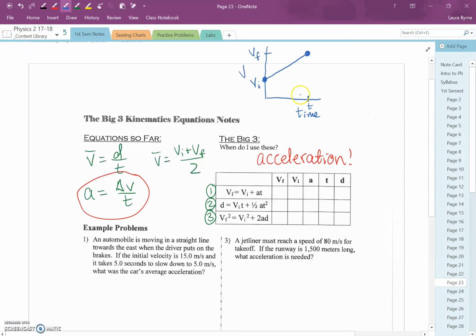So we're interested in the displacement of this object. And we can find displacement using the area under the curve. We can also think about the average velocity, but in this case, the average velocity might be a little more difficult to find, but actually you can derive it in that way too. So if we think about the area under the curve, we have length times width here, and then we have that length times width divided by 2 here.